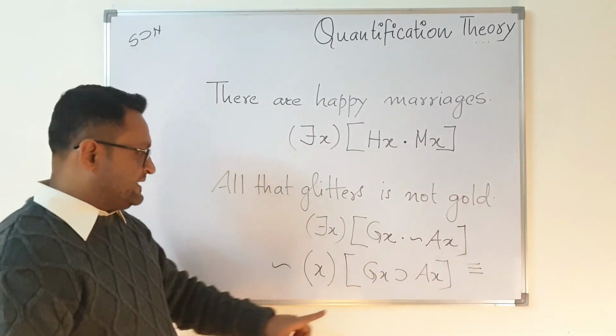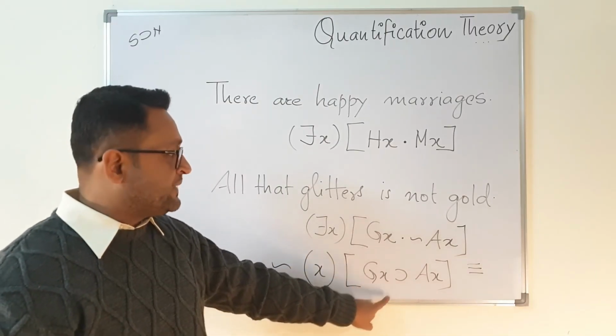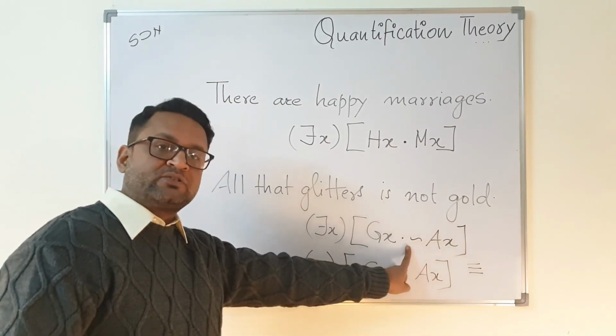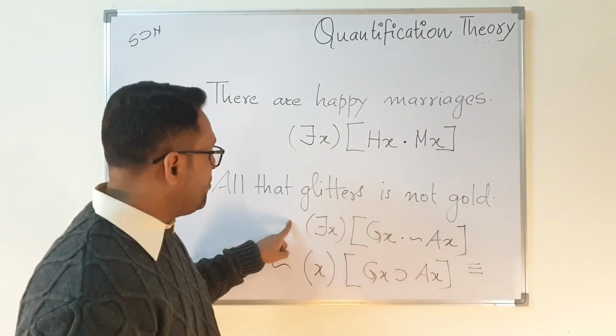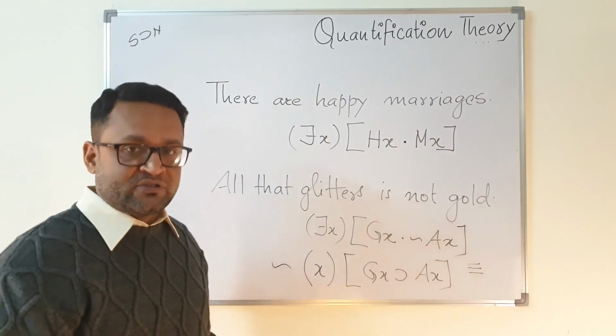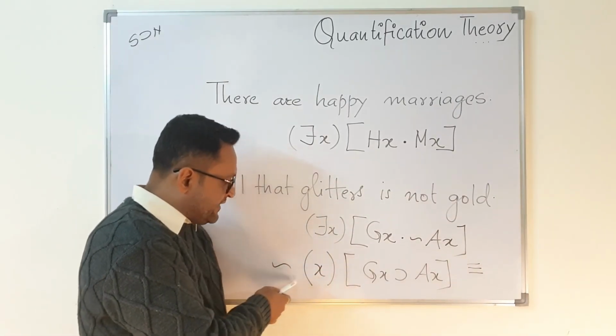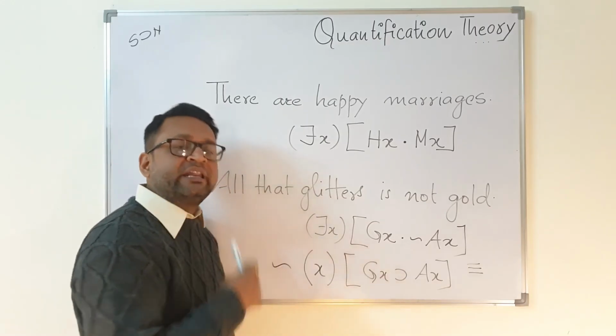So you can also understand that if I put a negation on an A proposition, it will become an O proposition. Similarly, if I put a negation on an O proposition, it will become an A proposition. So you see that this was an O proposition, so I can represent it as negation of an A proposition.